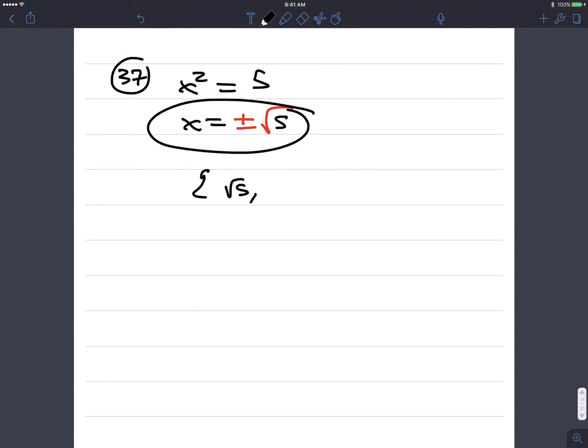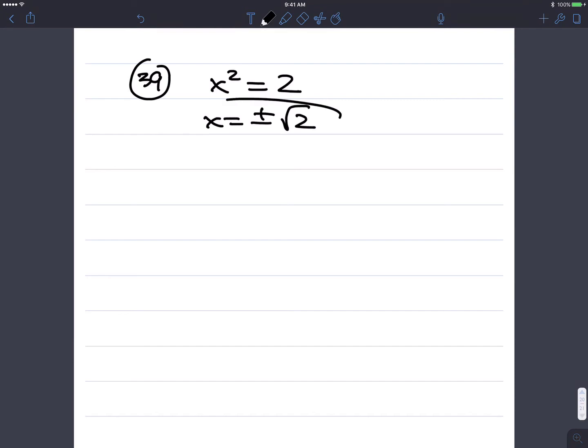So the square root of 5 and minus the square root of 5 are my two solutions. Problem 39. x squared is 2. By the square root formula, x is plus or minus the square root of 2. Notice that the square root of 2 is already simplified, so my two answers are the square root of 2 and minus the square root of 2.